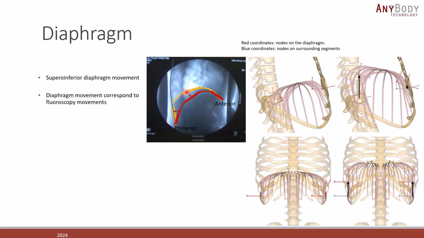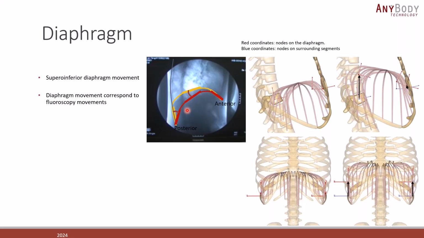One of the features of this model is that the diaphragm movements correspond to fluoroscopy movement. Here, this is the back of the spine, this is the anterior part, this is the posterior part, and this is the diaphragm that you see here.